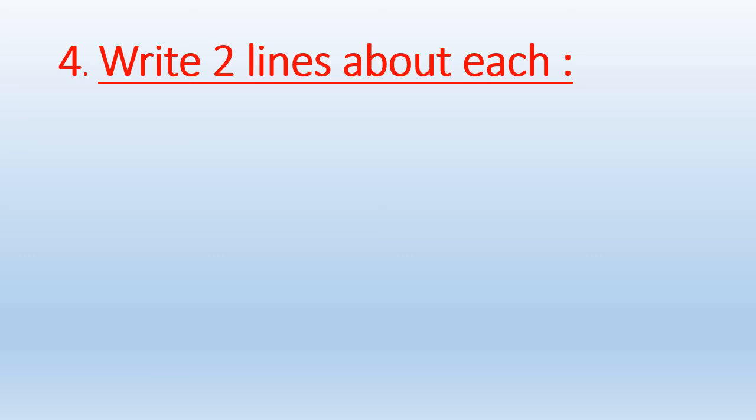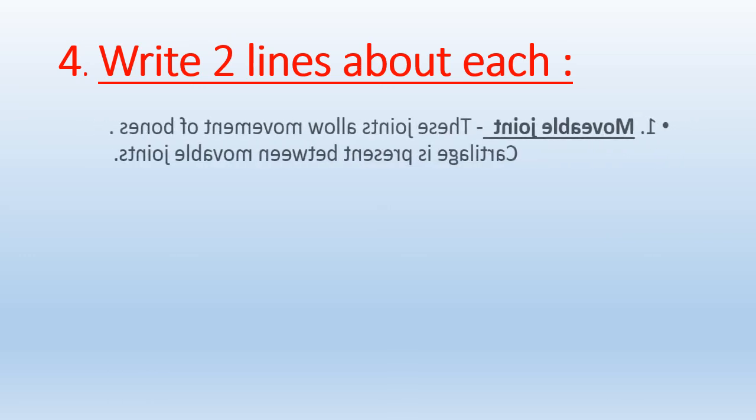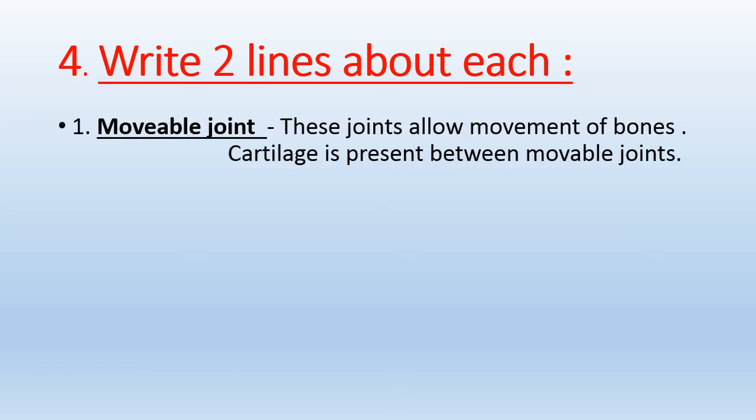Question number 4 or exercise number 4 is write 2 lines about each. Here we are having a few terms, so we have to read and write 2 lines about each. So first is movable joint. Movable joints allow movement of bones.